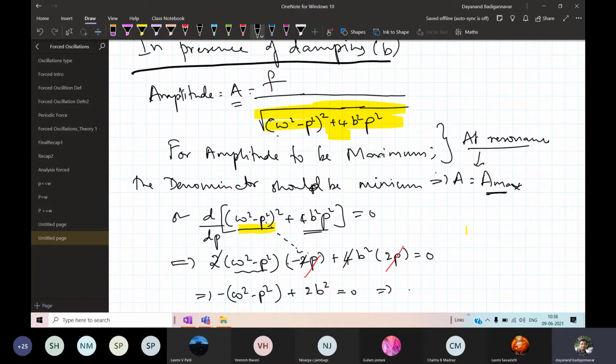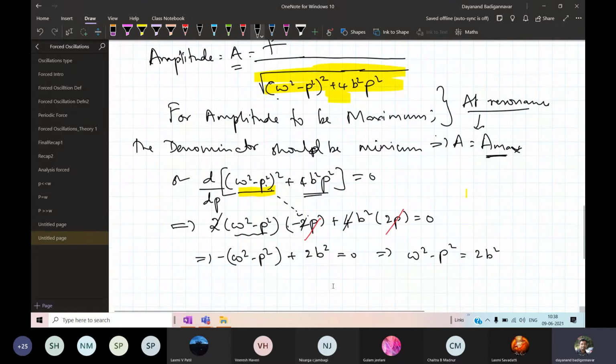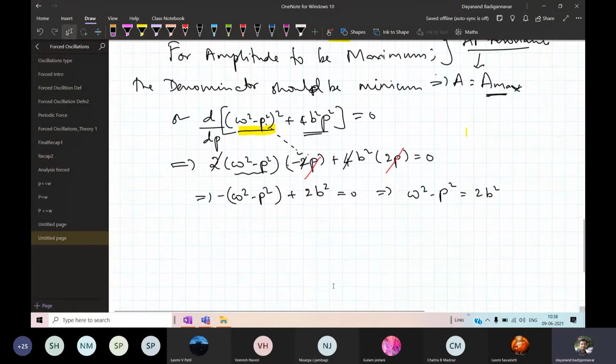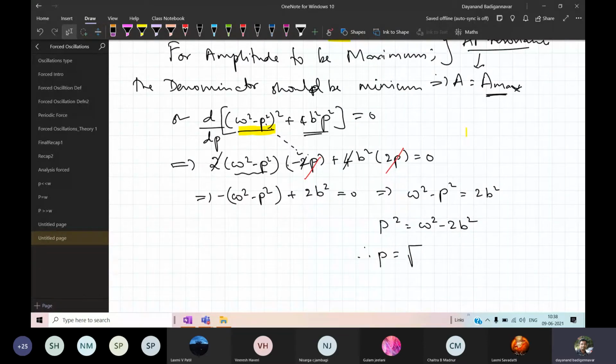That gives omega square minus p square equal to 2b square. Rearranging it, p square is equal to omega square minus 2b square. So p is equal to root of omega square minus 2b square.